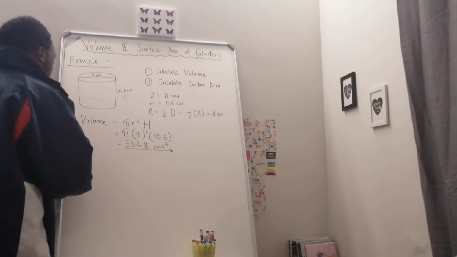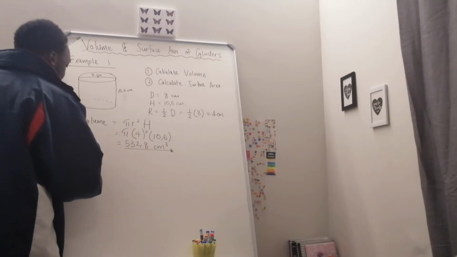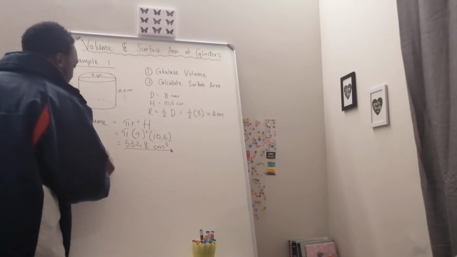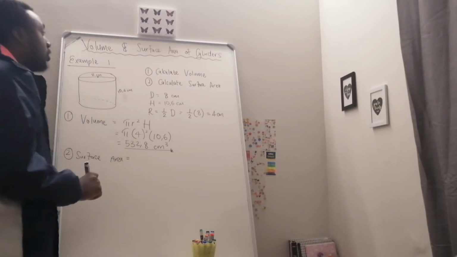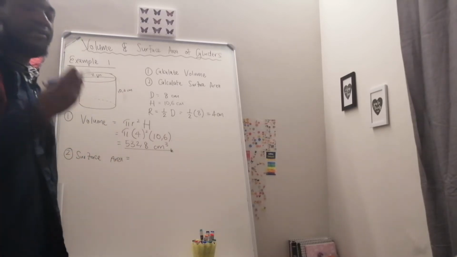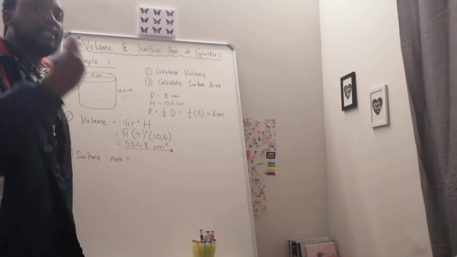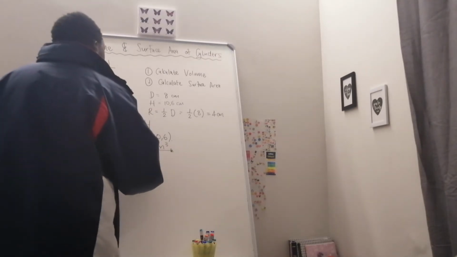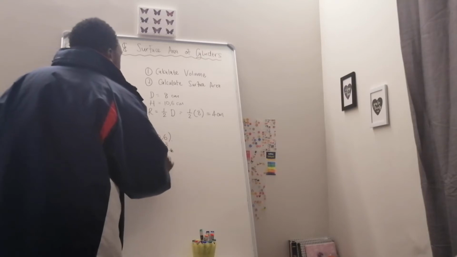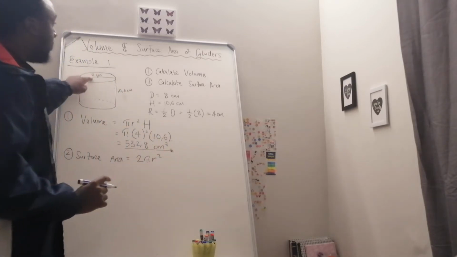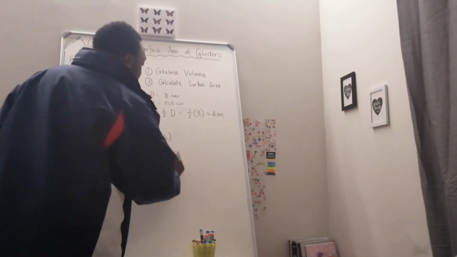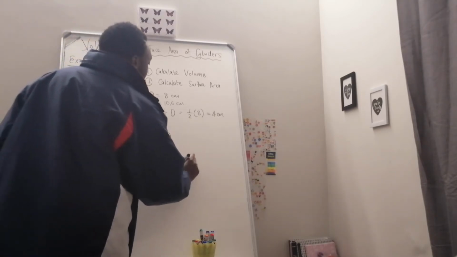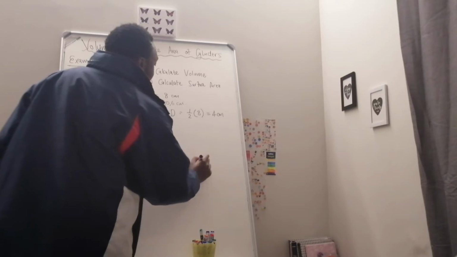So number two, surface area, is equal to, remember what the surface area of a closed full cylinder looks like. It's 2 pi r squared, the top circle and the bottom one, plus 2 pi r h.